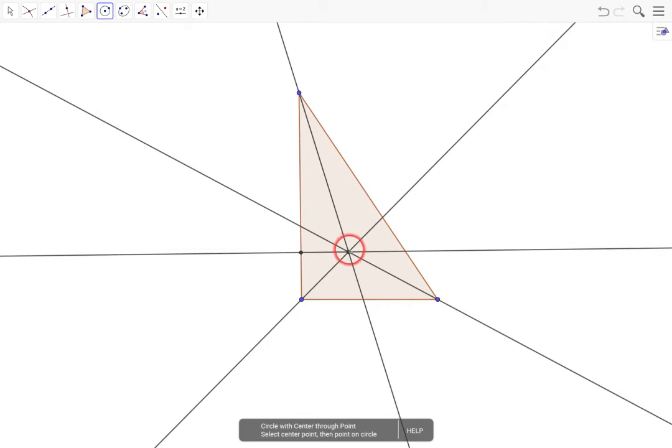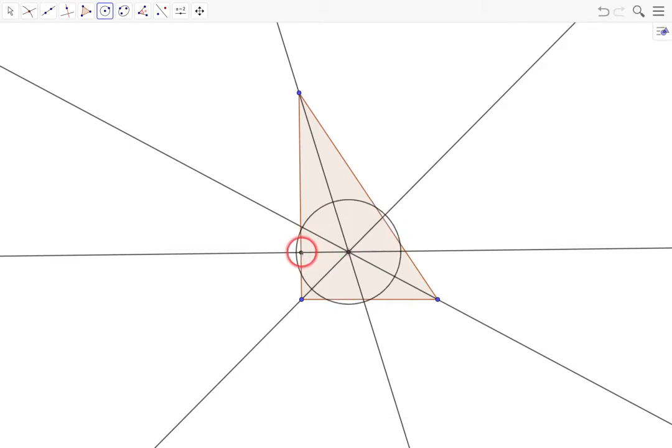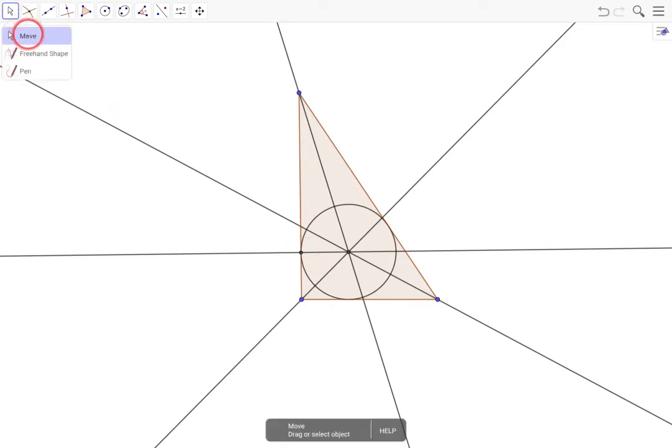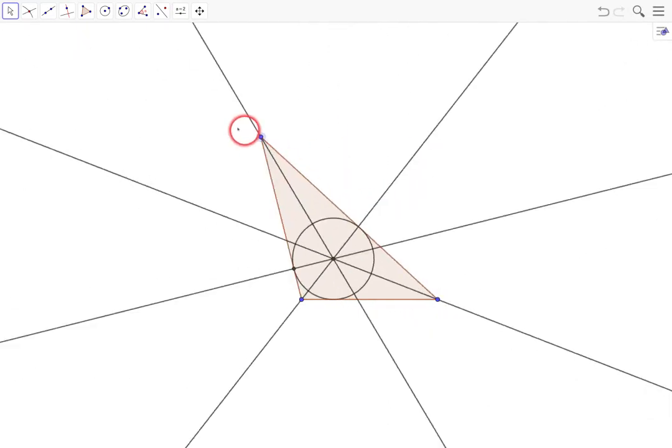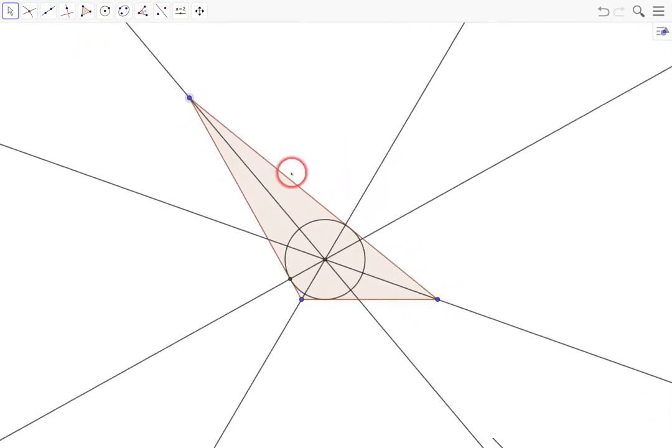The reason it's a perpendicular line is because distances are always measured through perpendicular lines. Now, notice what magical thing just happened here. That circle fits perfectly inside that triangle. And no matter where I move this triangle, that circle will always fit perfectly inside there. It will always hit all three sides.